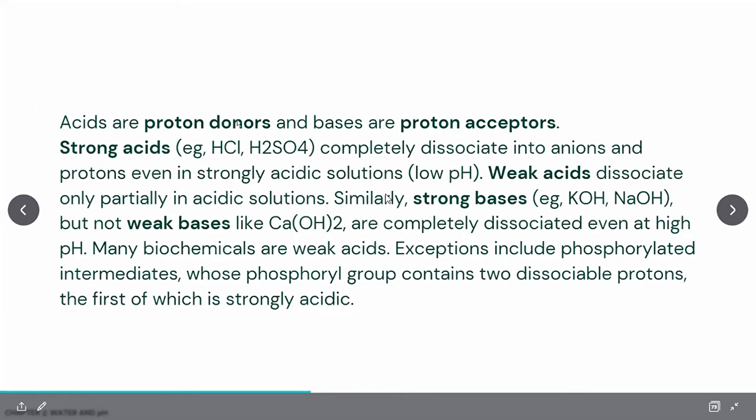Acids are proton donors. They donate hydrogen. So what is this? This is the conjugate base, we call this. You know the meaning of conjugal. Sulfate is the conjugate base of sulfuric acid.